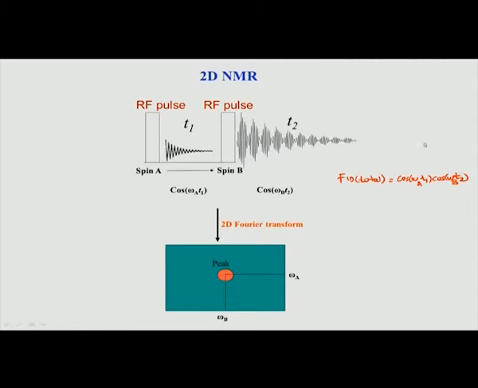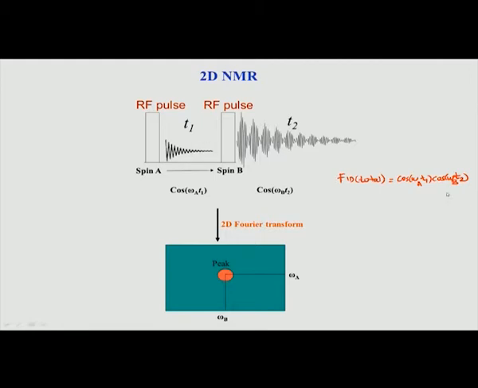So basically this is the central point which you have to keep in mind: in a 2D experiment, the two FIDs are now modulated by each other. Although in real time we first get this FID and then we go for this FID, in a mathematical sense they are all intermodulating each other. So there is a connection between the two.